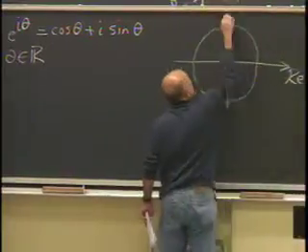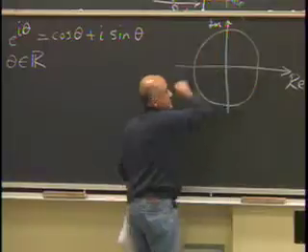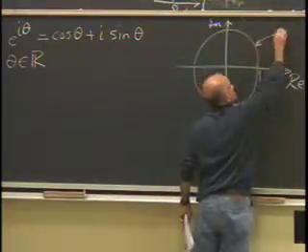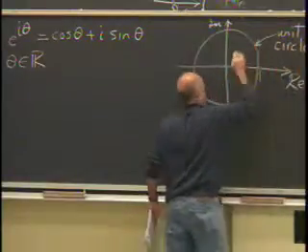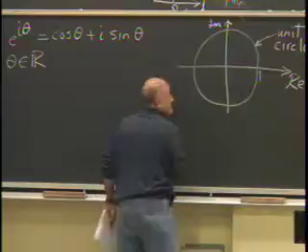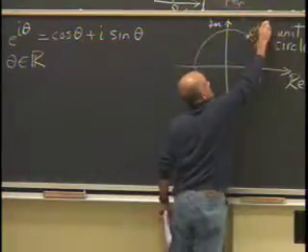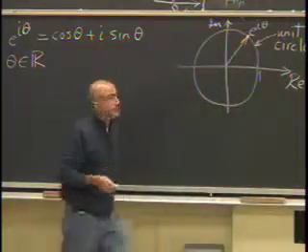And graphically, we concluded that we are sitting on the unit circle. So I have the real axis and the imaginary axis. I'm sitting on the unit circle. If this is e to the I theta, I represent that, suppose, with an arrow.